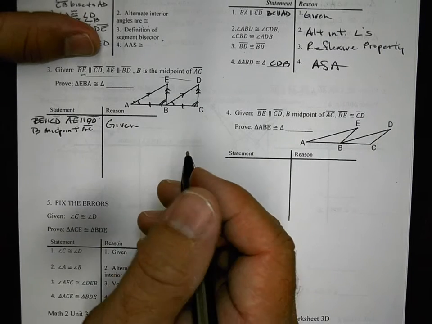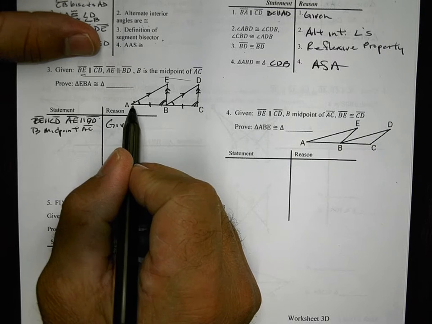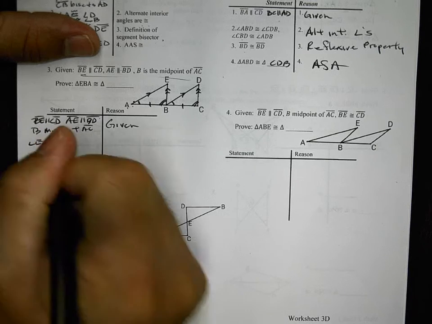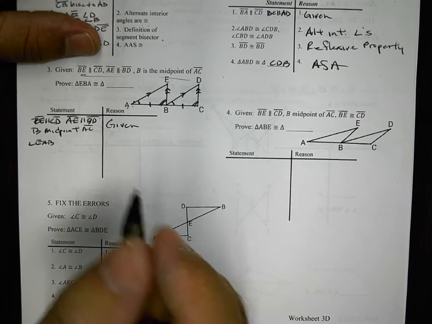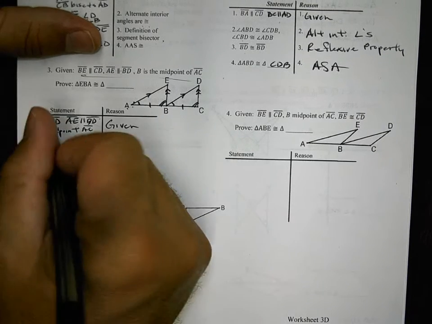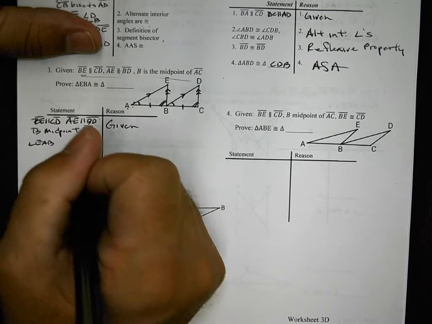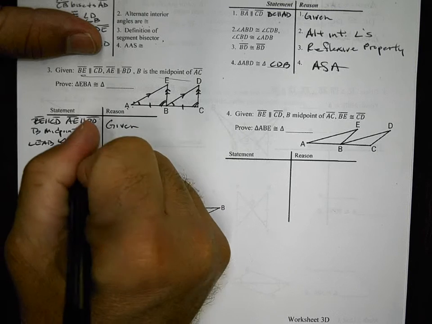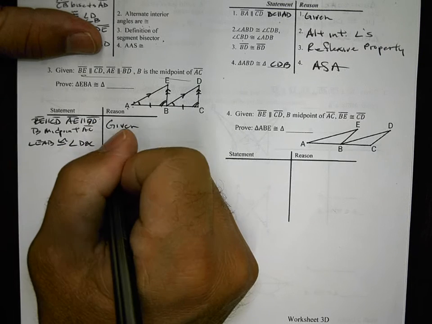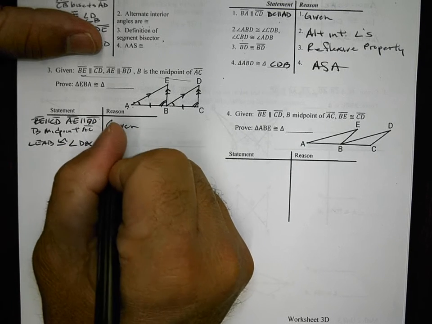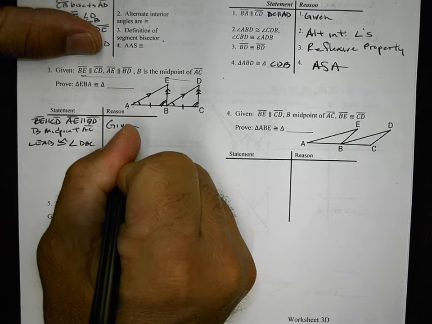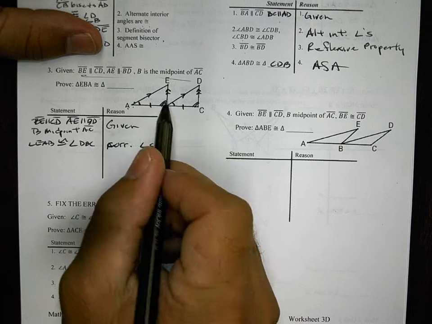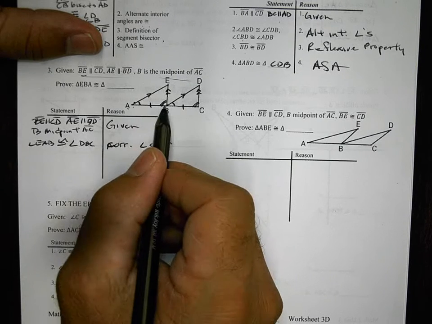So first, let's do angle EAB. Did I do this one with you guys? Okay, but I guess I didn't do it with everybody, so let's just go over that real quick. Angle EAB is congruent to angle DBC, and we know that because corresponding angles are congruent, and we know the same about angle ABE.